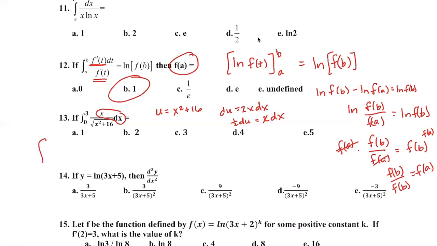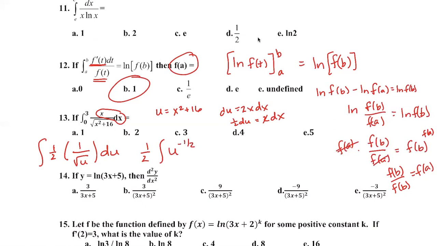Okay, so then we would have 1/2 and we'd have really 1 over the square root of u, and then du. So if you pull your 1/2 out front, you're integrating u to the negative 1/2.